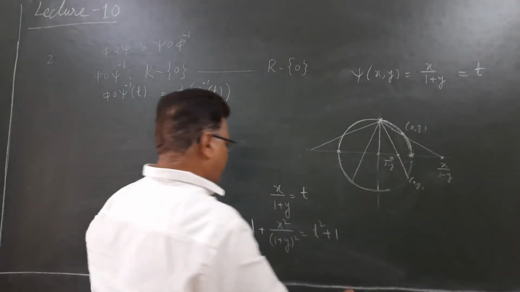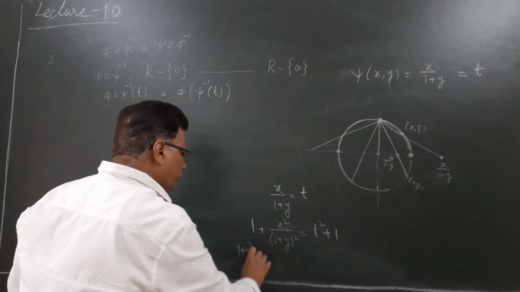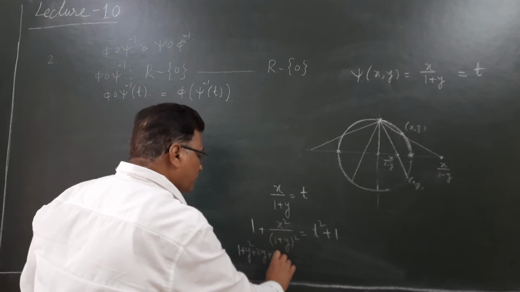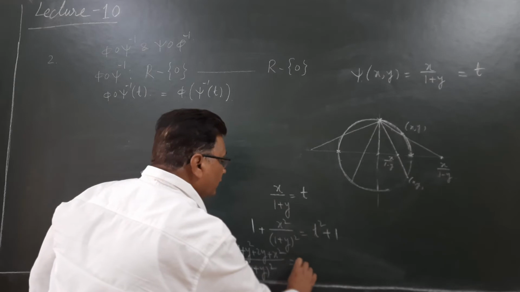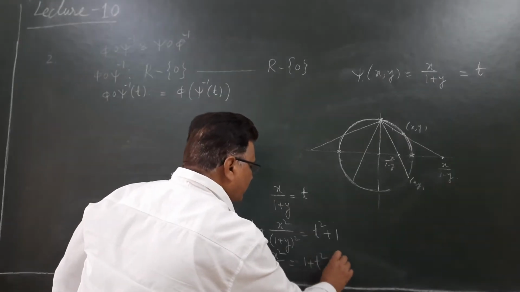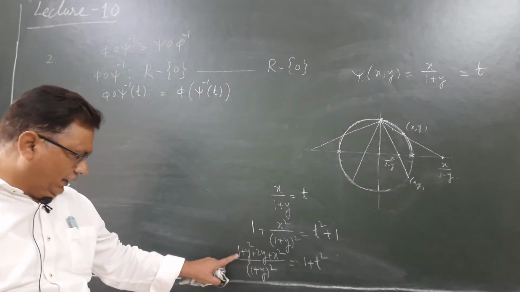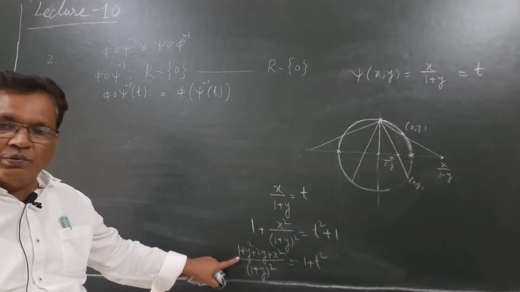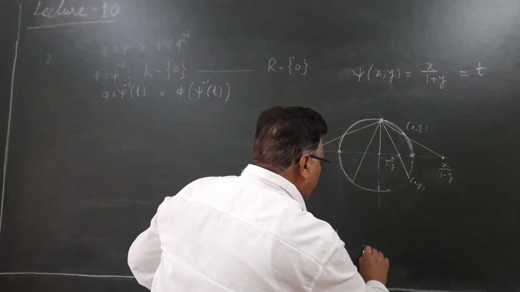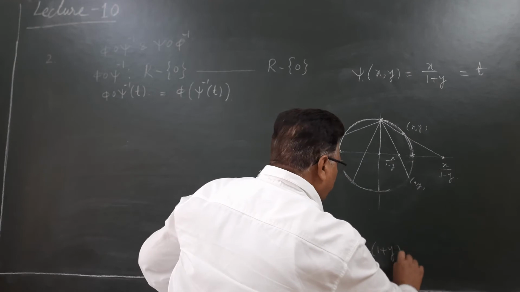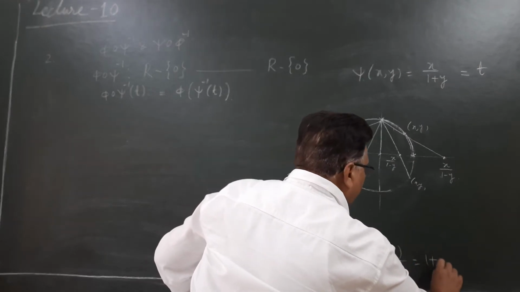So this will give me 1 plus y square plus 2y plus x square upon 1 plus y whole square equal to 1 plus t square. Am I right? Now x square plus y square is 1 and this is also 1, so it is 2 plus 2y. 2, if you take common from the numerator, it will become 2 times 1 plus y upon 1 plus y whole square equal to 1 plus t square.